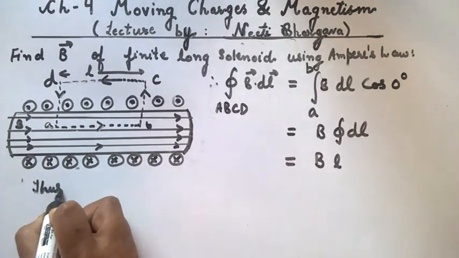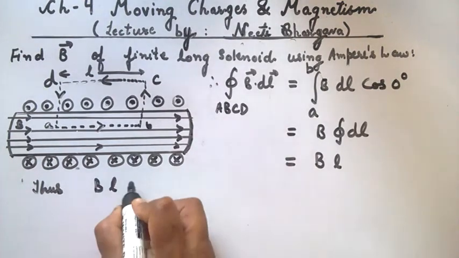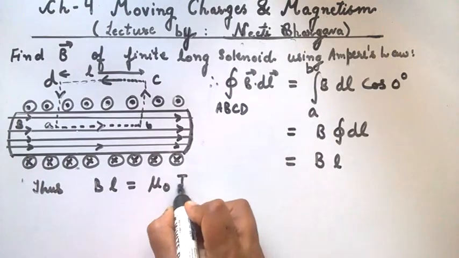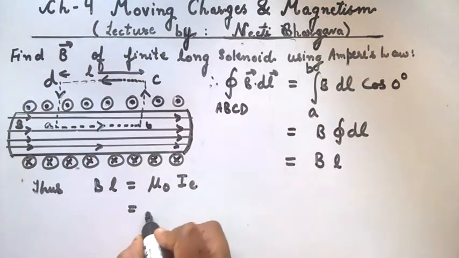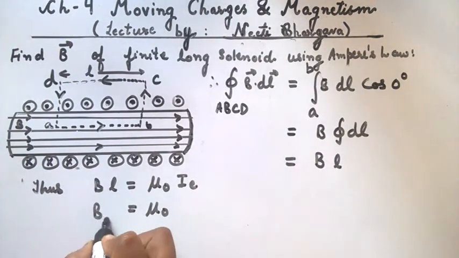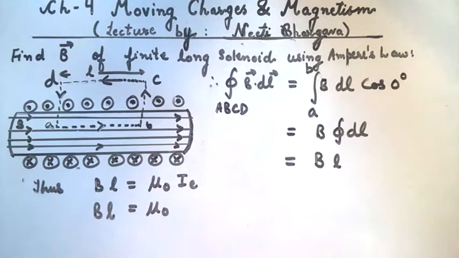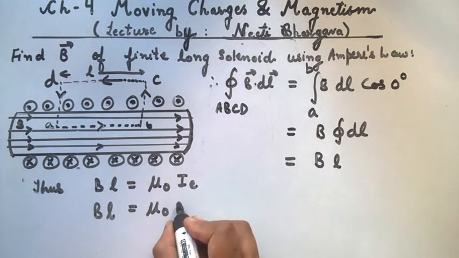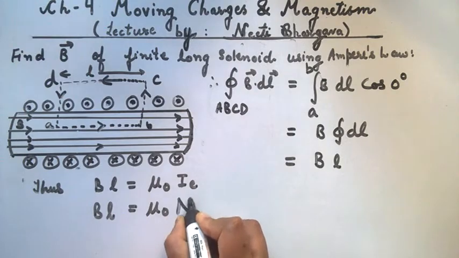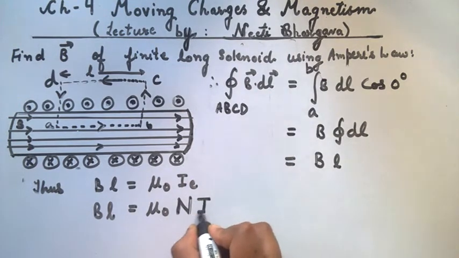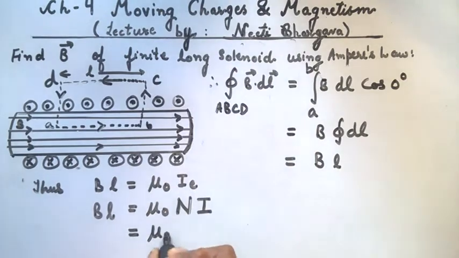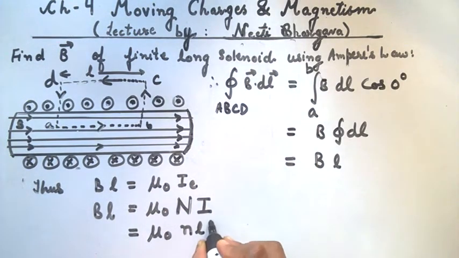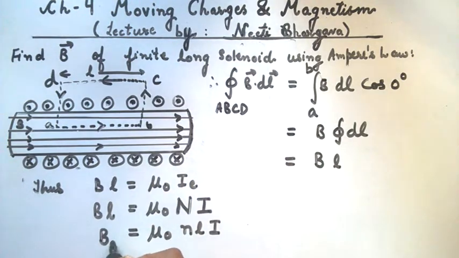Thus, BL equals mu naught I enclosed, which is the total current flowing in this Amperian loop, equal to the total number of turns times current, or it can be written as mu naught N L I into BL.